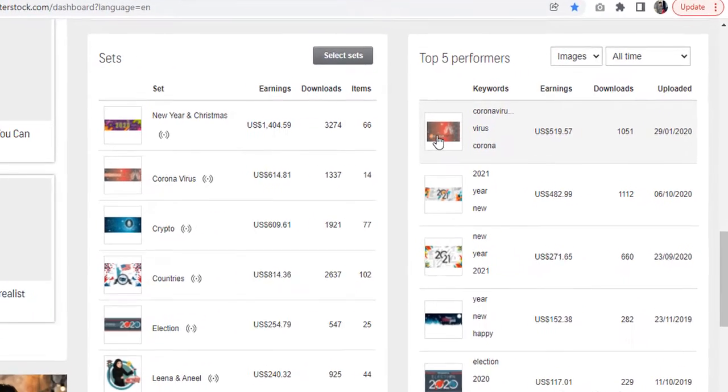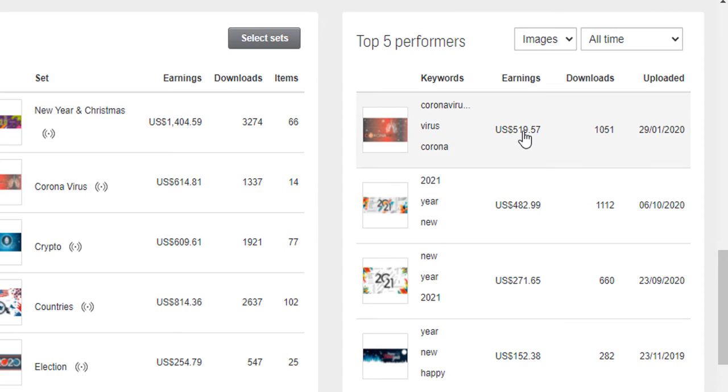This one single design has earned me $519 so far, and it has been downloaded more than 1,000 times. Similarly, this design, a New Year design, has earned me $482, and this design, which is quite similar to this one, has generated $271 on its own.